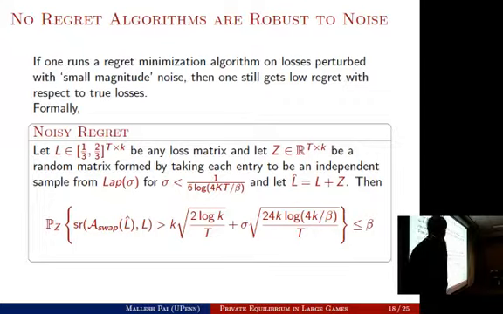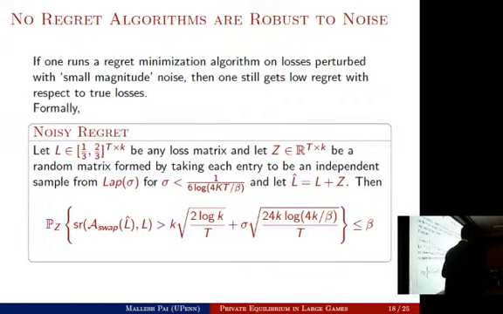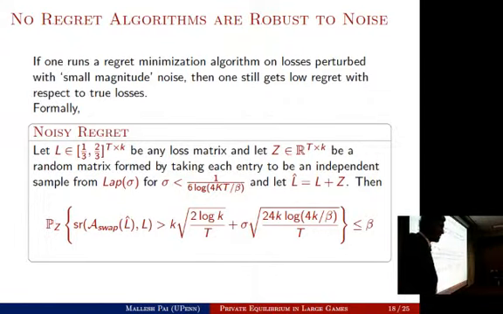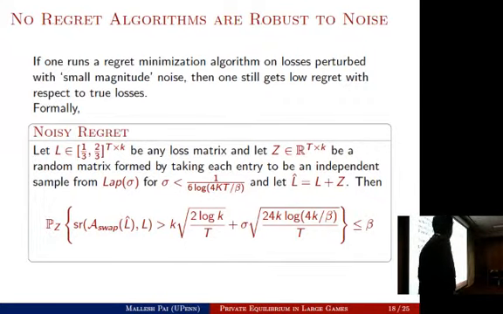And you ran the algorithm on the noisy losses and asked what the regret is with respect to the true losses. The theorem basically says you're still going to end up with small regret.